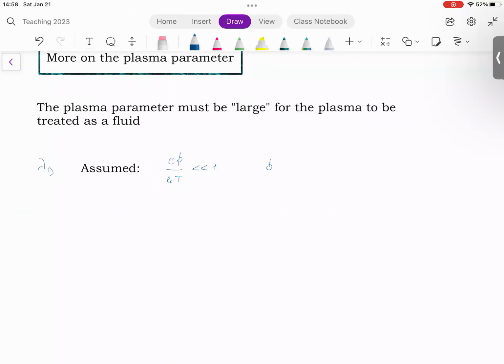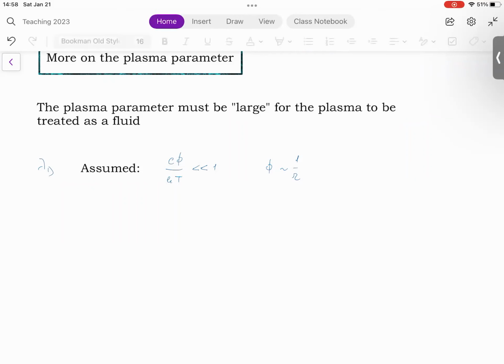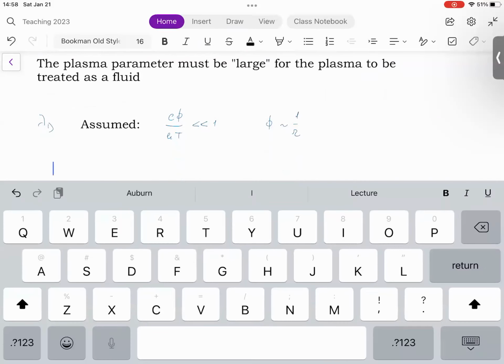And of course, phi is the electrostatic potential, so this is going to be proportional to 1 over r. And indeed, we did see that our derivation and what we found was working up to a point.